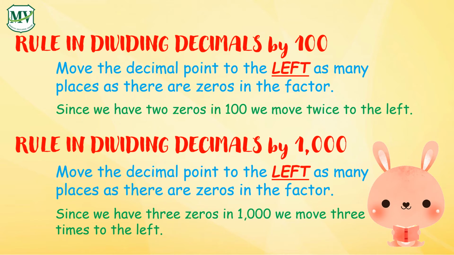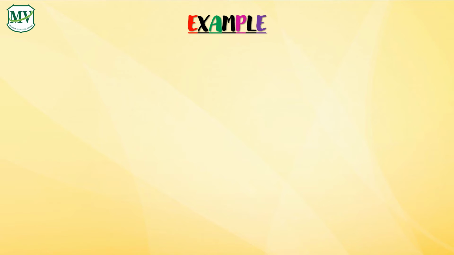You see, we move the decimal point as many places as there are zeros in the factor. To make things more clear to you, let's have an example of dividing decimals by 100 and by 1000.